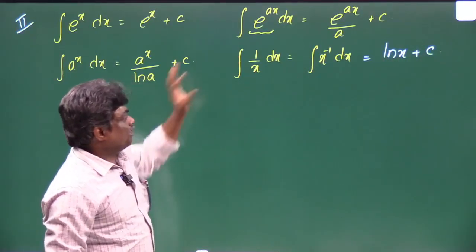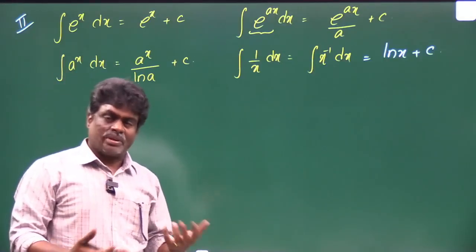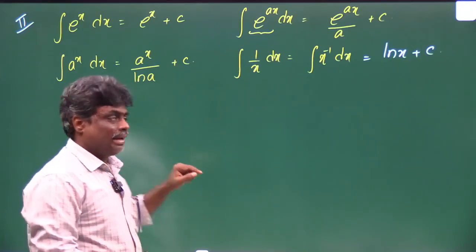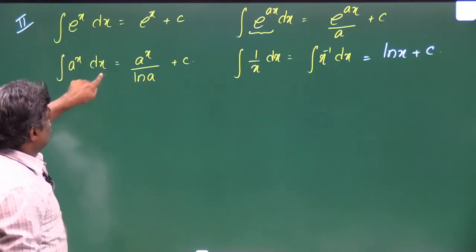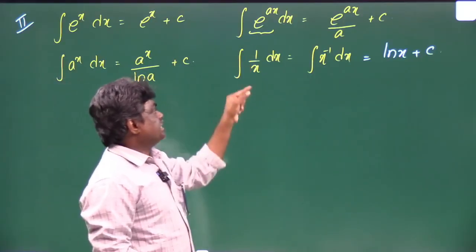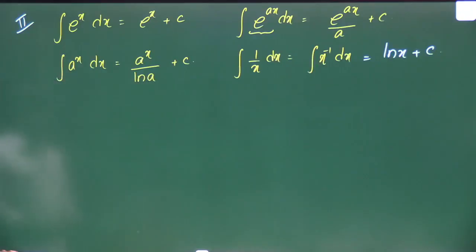We will use this frequently, don't forget. So integral e raised to x, integral e raised to ax dx is e raised to ax by a, integral a power x dx is a power x by log a plus c, and integral 1 by x dx is log x. Now by using these formulas, let us solve a few questions.